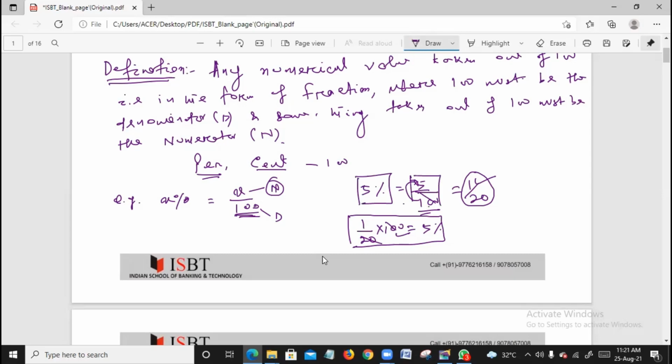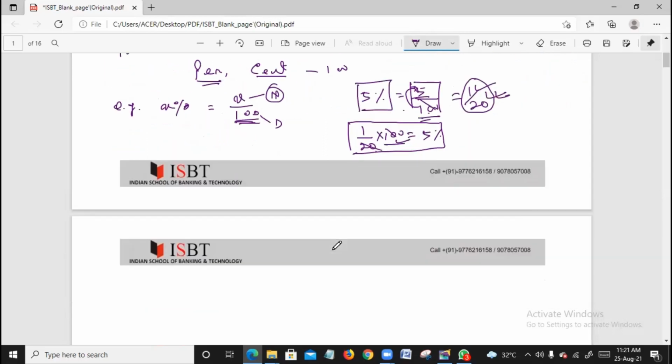So 5 by 100 is equal to 1 by 20, and 1 by 20 is equal to 5%, and vice versa.